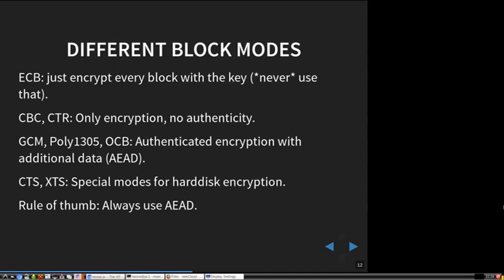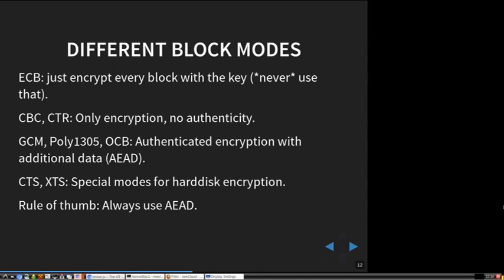These modes only encrypt something, but they don't guarantee any authenticity. That means if an attacker can manipulate your ciphertext, he may be able to change it in a specific way, like flipping a bit. So you flip a bit in the ciphertext, and the bit gets also flipped in the decrypted text.